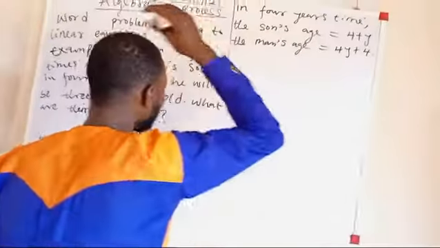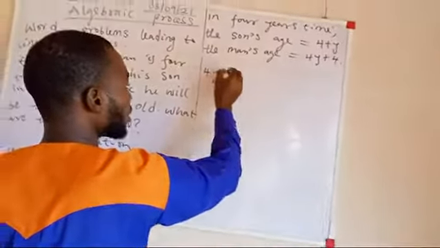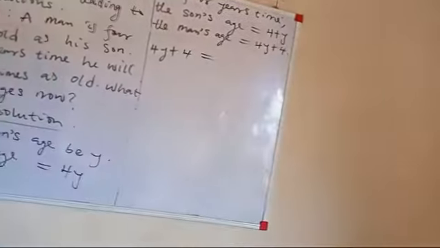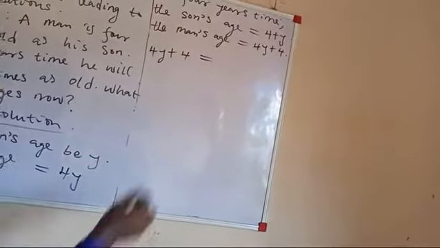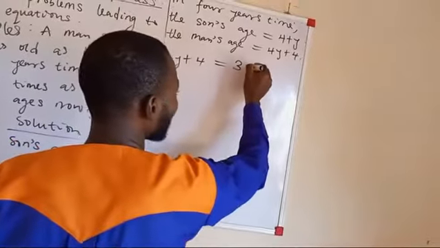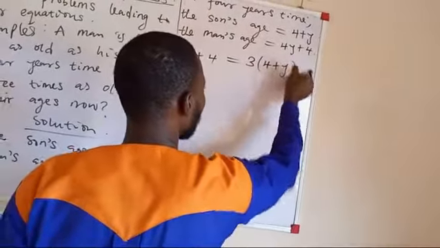So in 4 years' time, the father's age, 4y plus 4, will be equal to 3 times the son's age, 3 bracket 4 plus y.